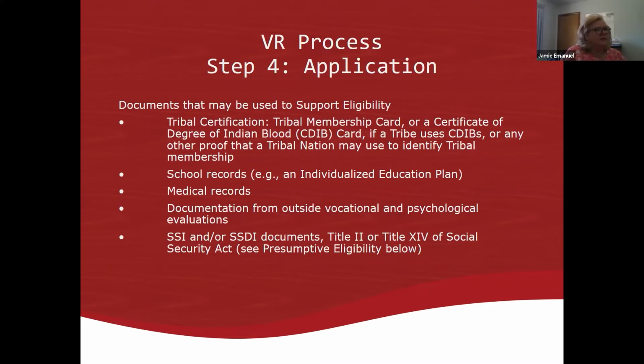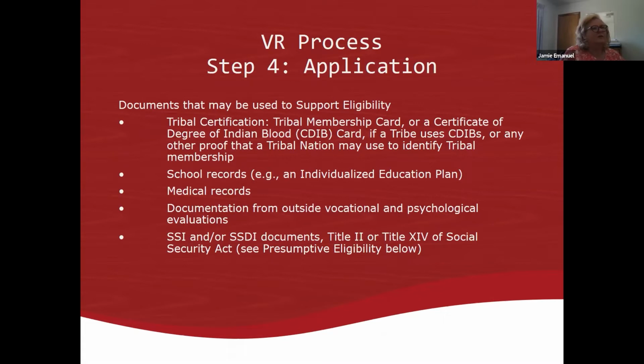School records are things that can be collected for the application process. An important thing to remember is the Individualized Education Plan, or the IEP, because if the disability is cognitive related, most times you will have an IEP put in place. So it's a good thing to ask the consumer right away if they had an IEP.